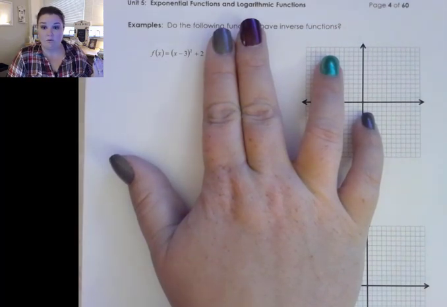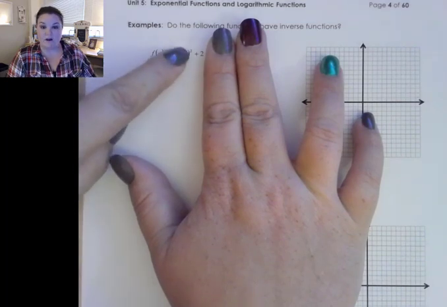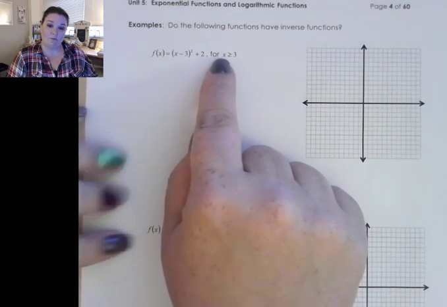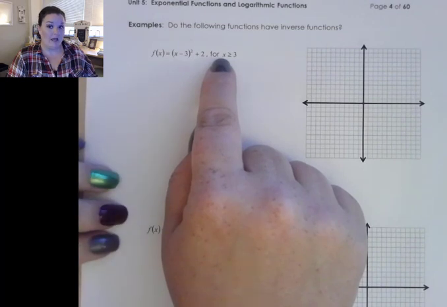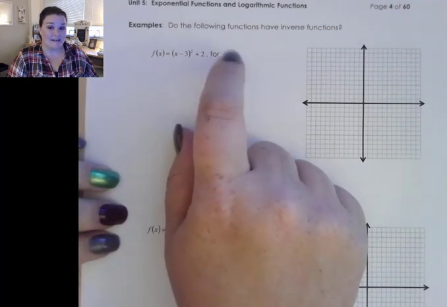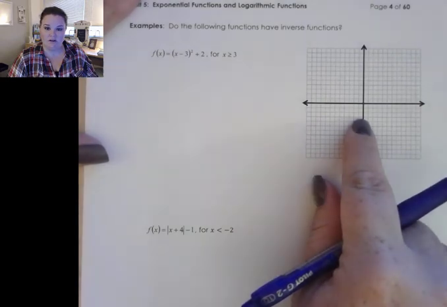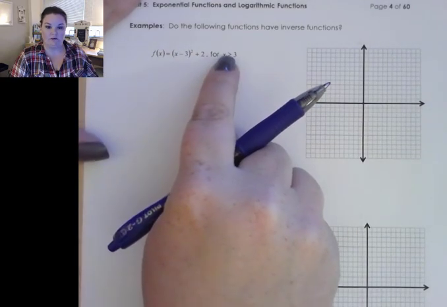My answer would be no, because I know that that little squared is going to make a parabola, and a parabola will not pass the horizontal line test, okay? But since there's a domain restriction, then hey, maybe it will pass, okay? So I'm just going to quickly review our HSRV way of transforming functions so that we can get a good picture, and then we'll look at our domain restriction, okay?